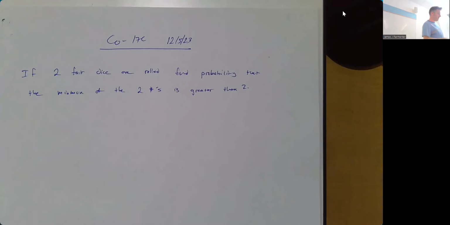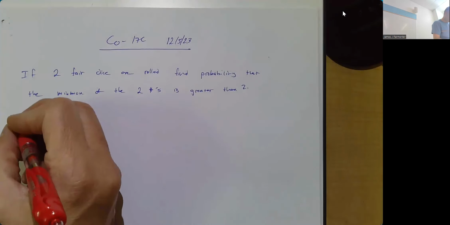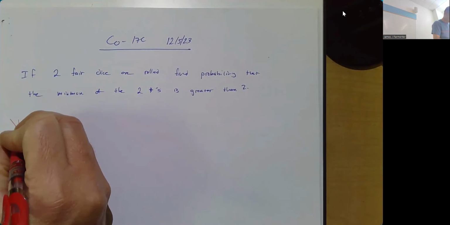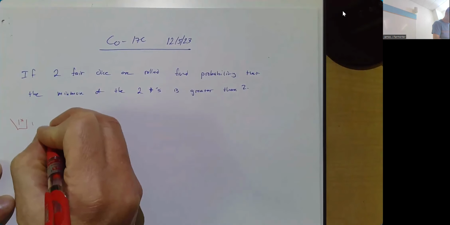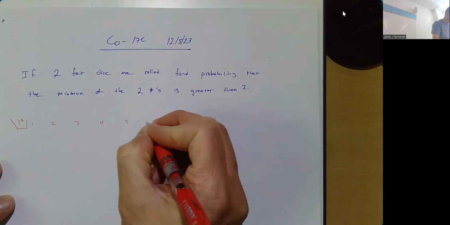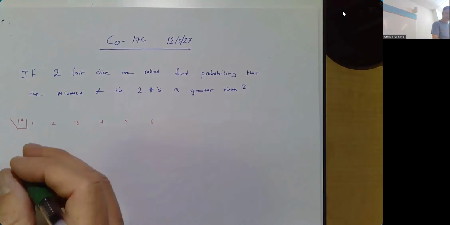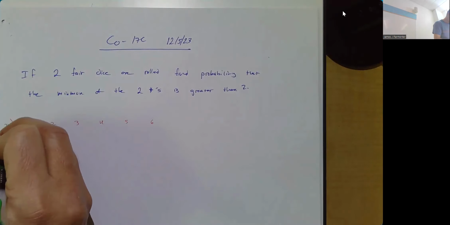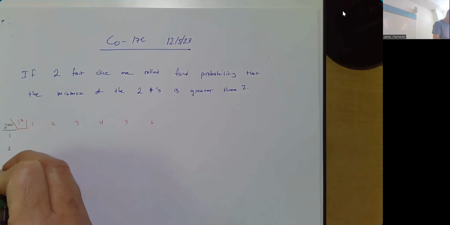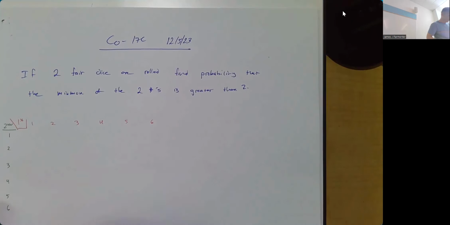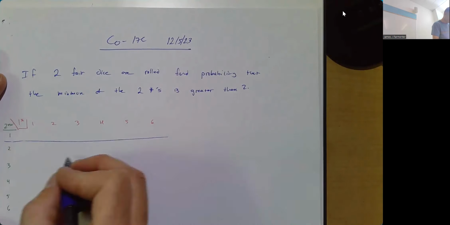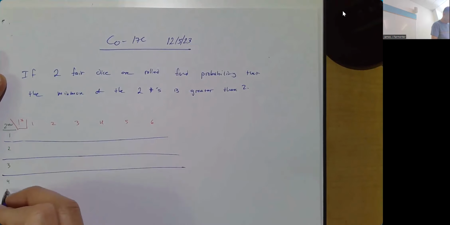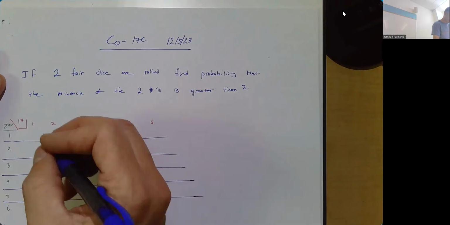If I'm talking about rolling two six-sided dice, I'm going to think about the first die being red and having the numbers 1, 2, 3, 4, 5, or 6, and the second die being green and also having the numbers 1 through 6. Then I would probably even make a little grid here. I know this is a long answer to your question, but I think it's worth looking at.